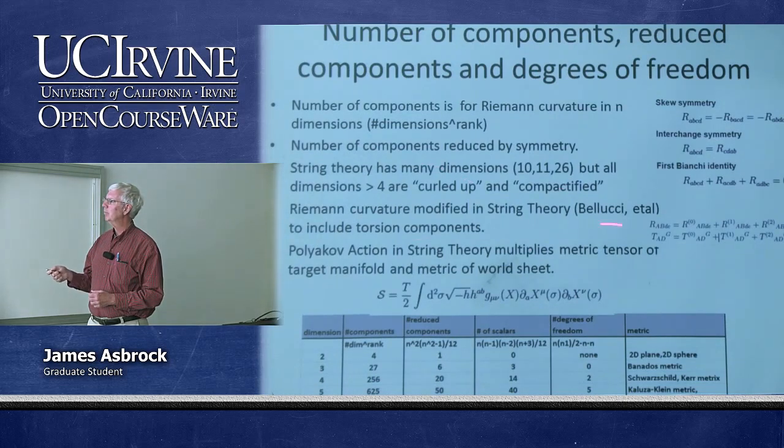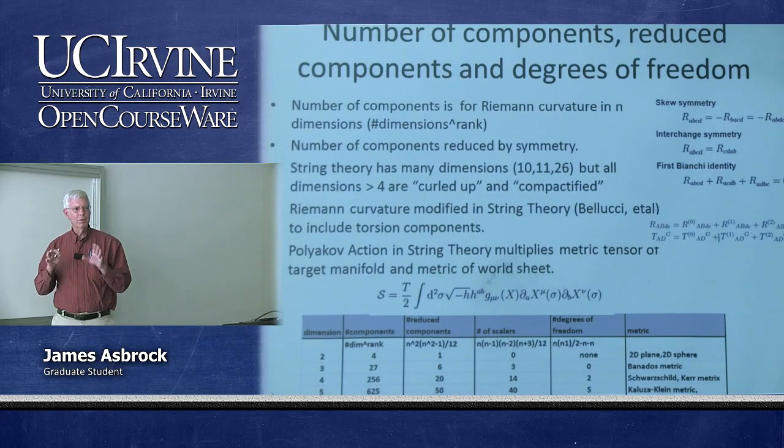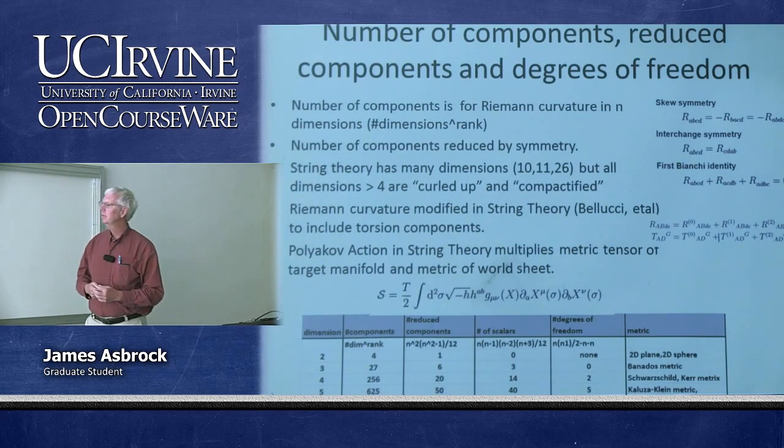However, there was one paper by Belushi, and he did not do that. He used a 4-rank tensor for curvature, just like we did, but he also used a 2-rank tensor for torsion. So he put the idea of torsion back in, so you have these 2 things, both curvature and torsion, that characterize in general curvature, and he actually put both of them in.